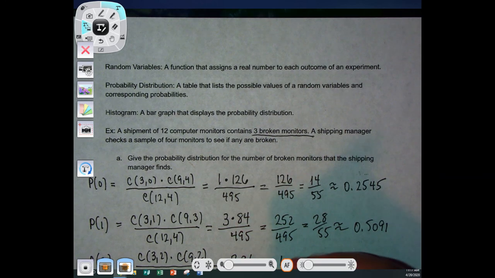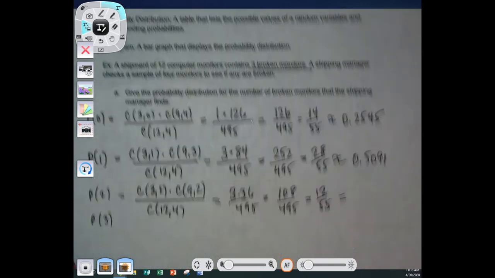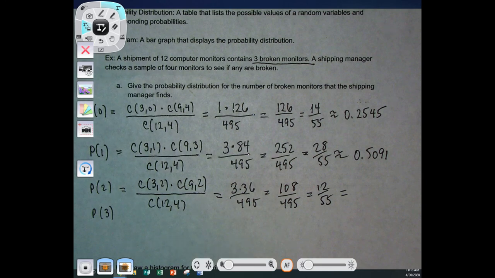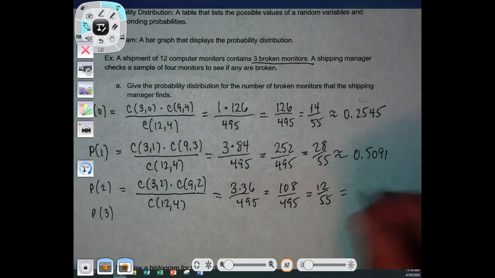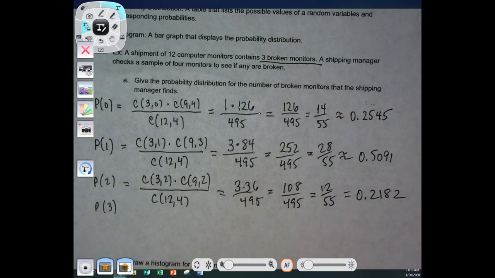So that's 108 over 495, which is equal to 12/55. 12 divided by 55 is approximately 0.2182.